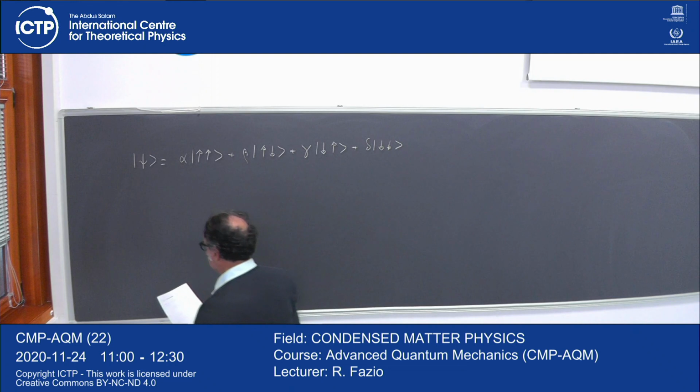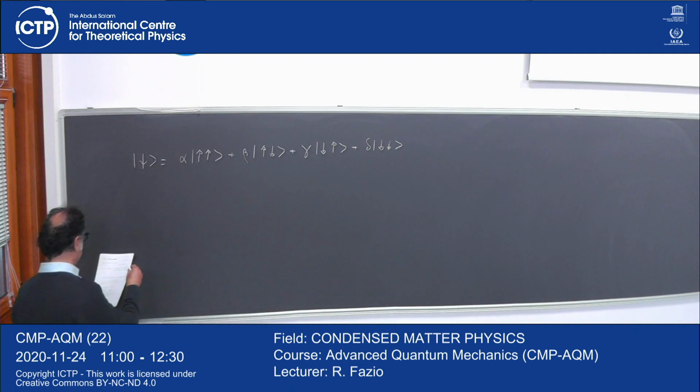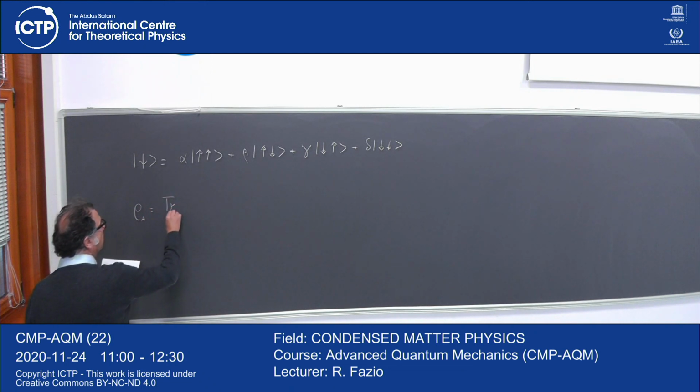So the question was, I want to compute the reduced density matrix tracing out the B.